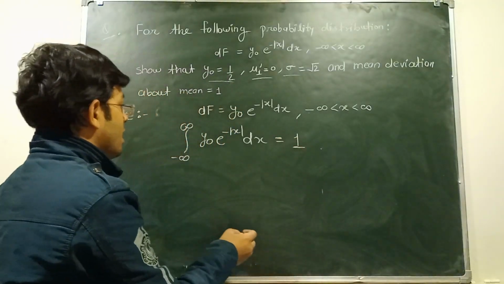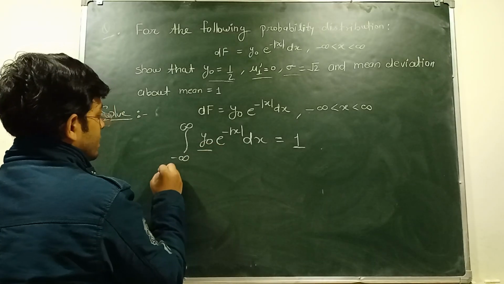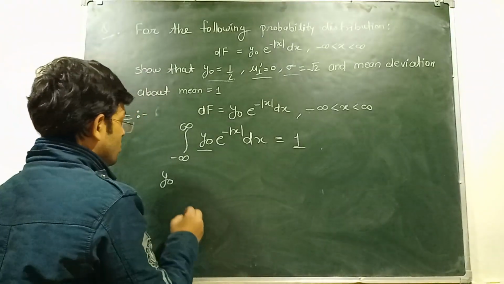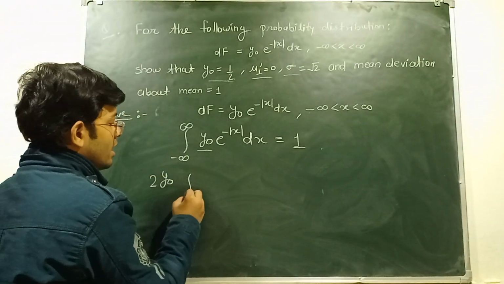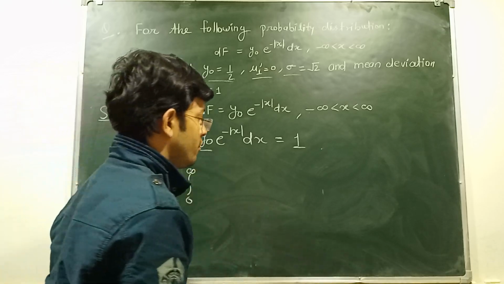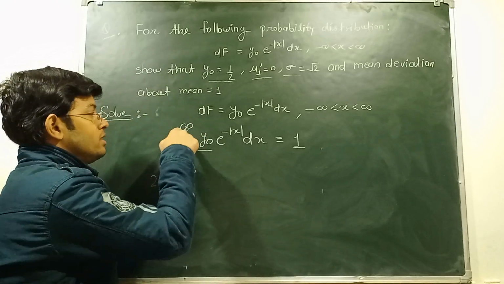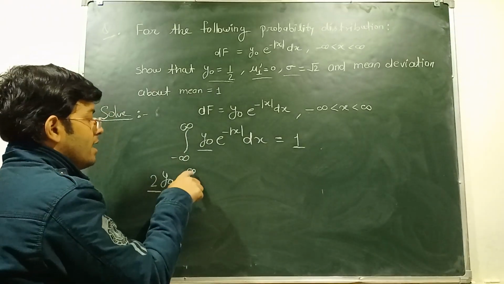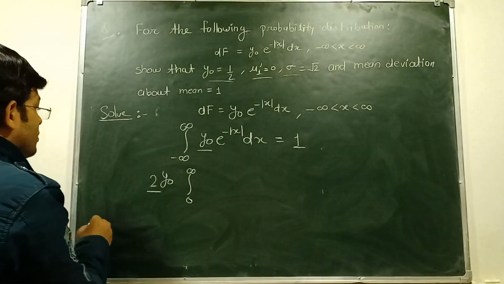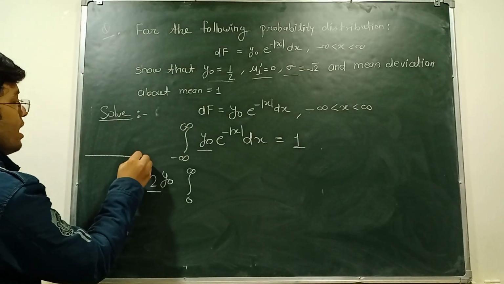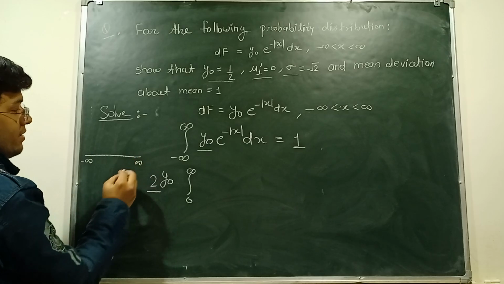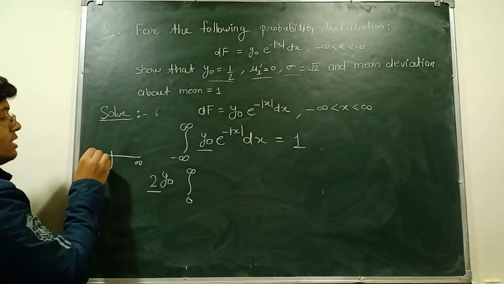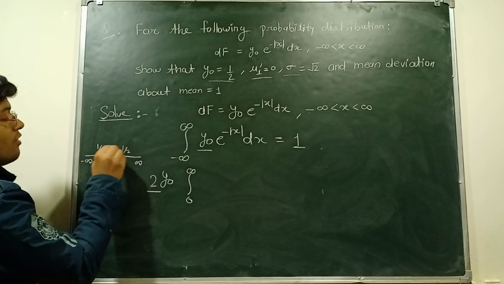And y0 is a constant, and because the limits are minus infinite to infinite, we can write 2 and the limits will be 0 to infinite. We divide into two parts, this is the half part and this is also half part.